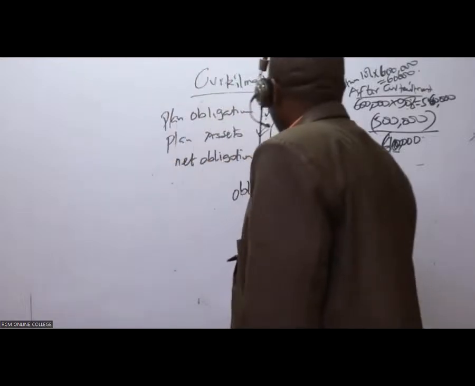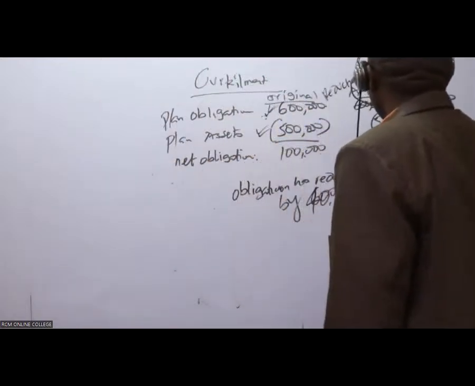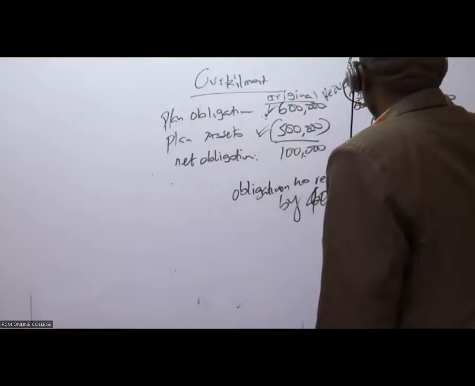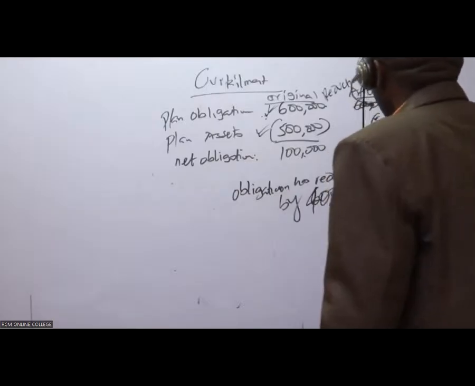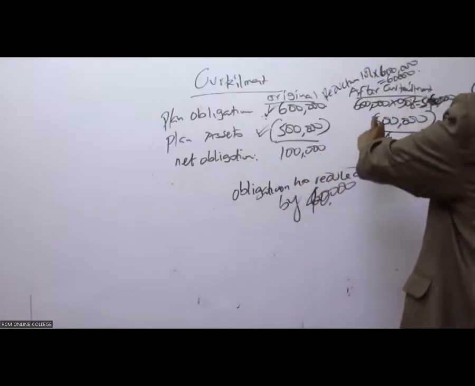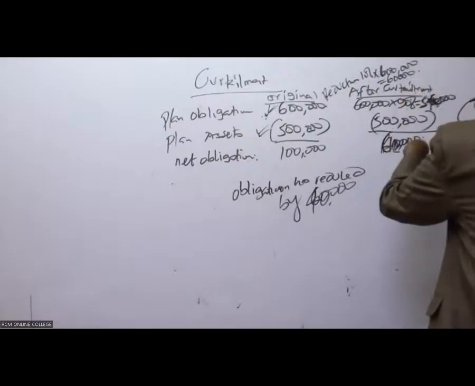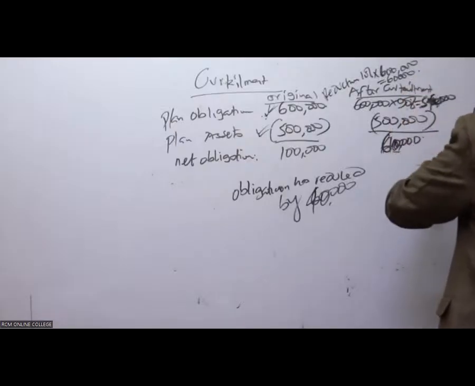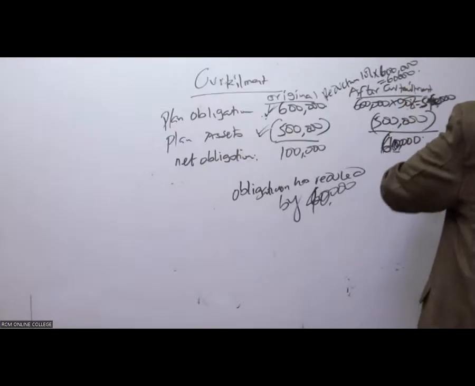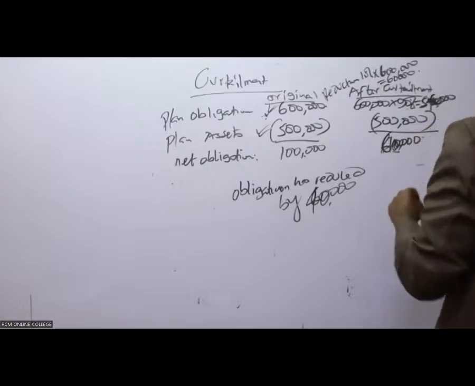It should be 540,000, which in this case would have been the same as taking 600,000 times 90%, because 10% is a reduction. Then I'll be able to get this 540,000 like that.